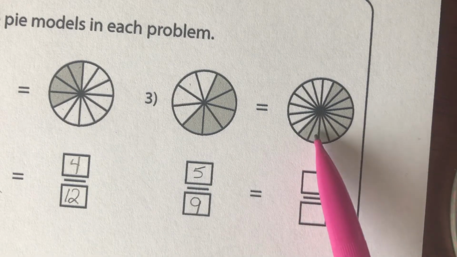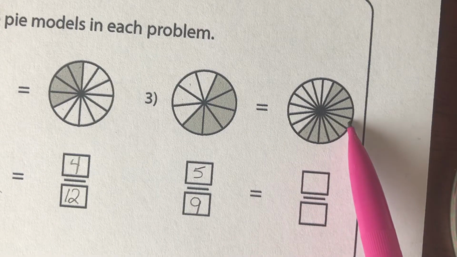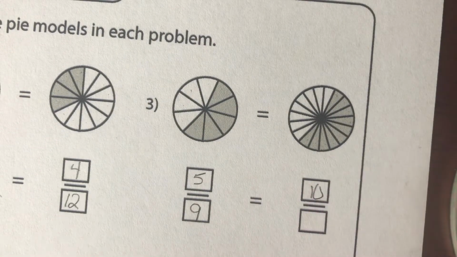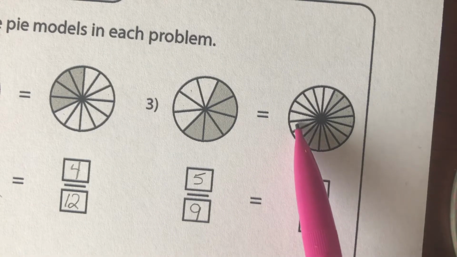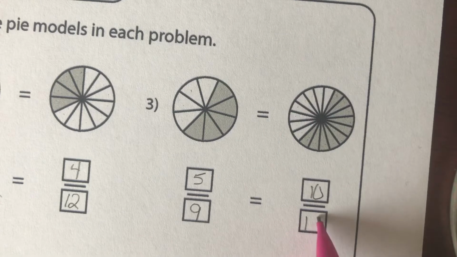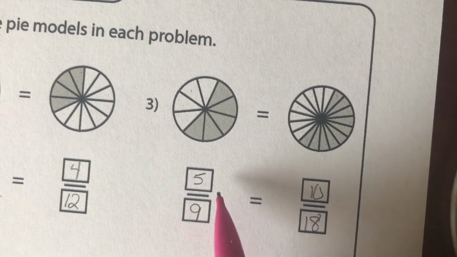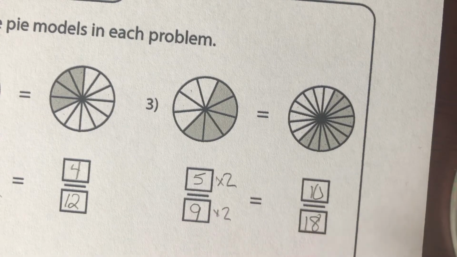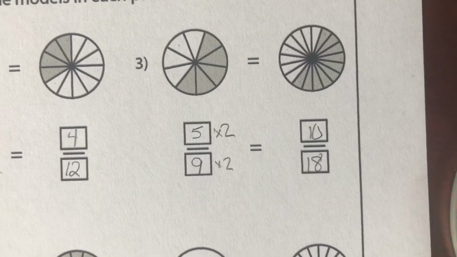Over here we've got 10 parts shaded out of a total of 18. 5 times 2 is 10. 9 times 2 is 18.